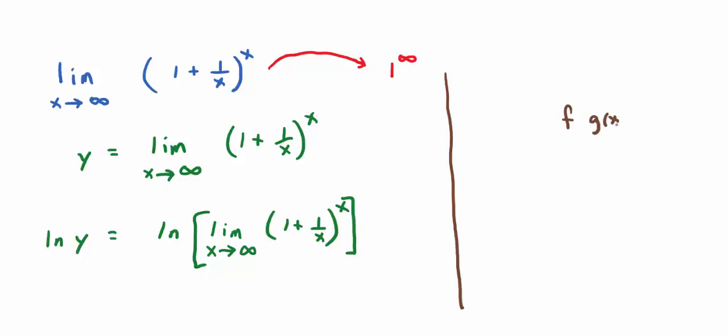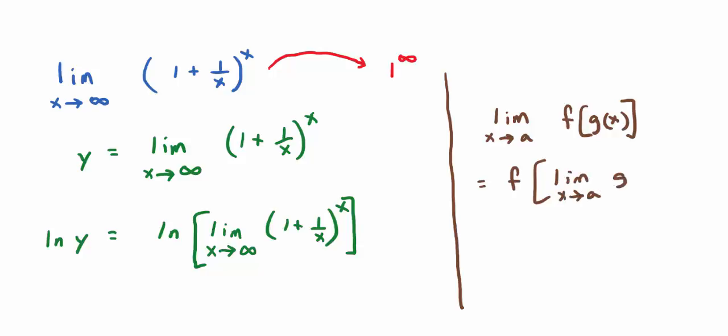It's a composite function, right? And you're taking the limit as x approaches a of f of g of x. Then the question becomes, when can we bring the limit inside? When can we rewrite this as f of the limit as x approaches a of g of x? When is that legal to say that that's true?